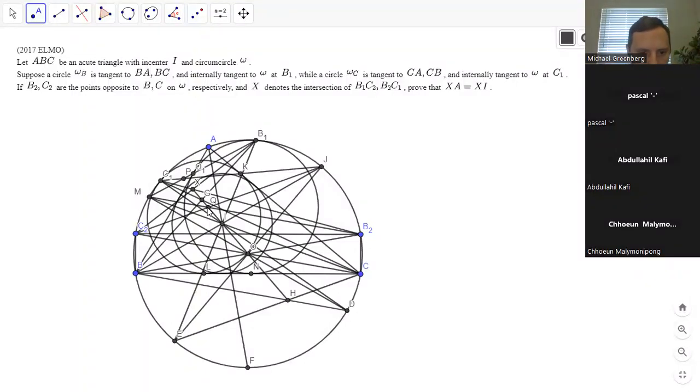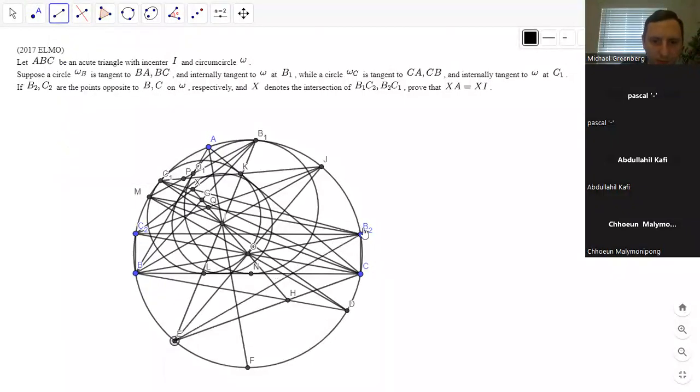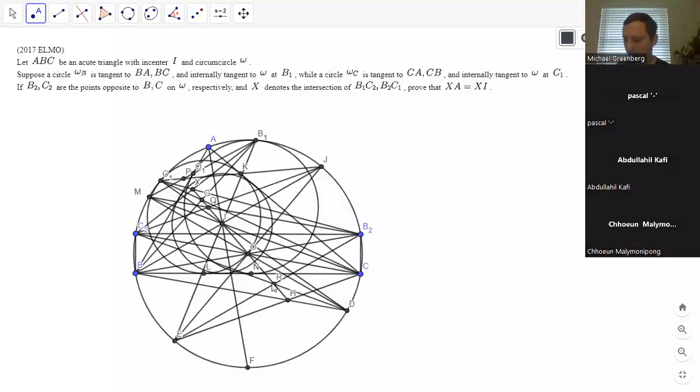So I have HO. Yeah, now I'm just drawing a million lines. You know that HO, you know that this also lies on that. HO and R. What am I missing here?